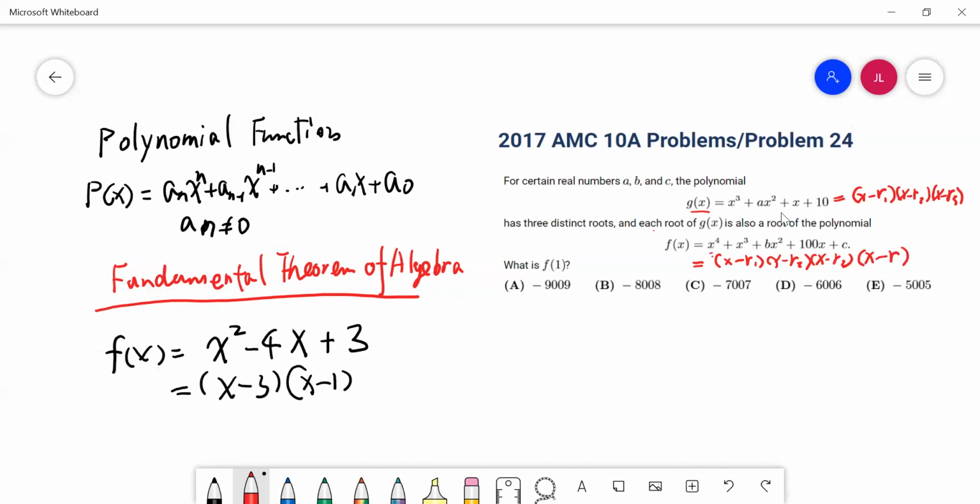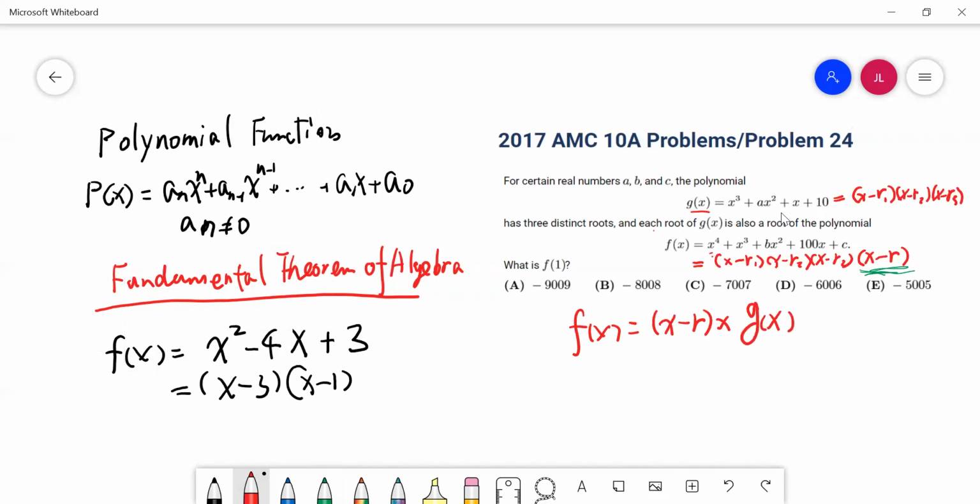The difference between g(x) and f(x) is only this part. So we can see here that f(x) actually equals (x minus r) times g(x).